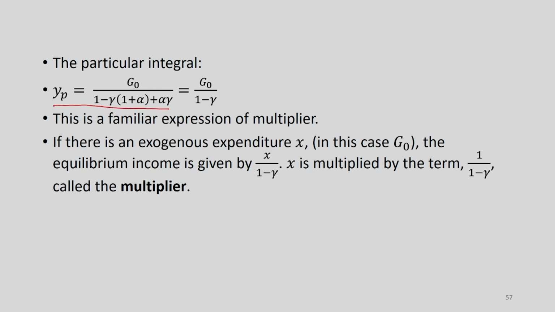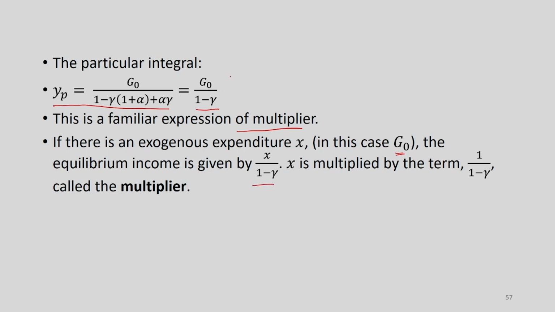So, y_p, the particular integral, is found out to be G_0 divided by 1 minus gamma. This is a familiar expression of the multiplier. If there is an exogenous expenditure x, in this case that x is G_0, the equilibrium income is given by x multiplied by 1 divided by 1 minus gamma.